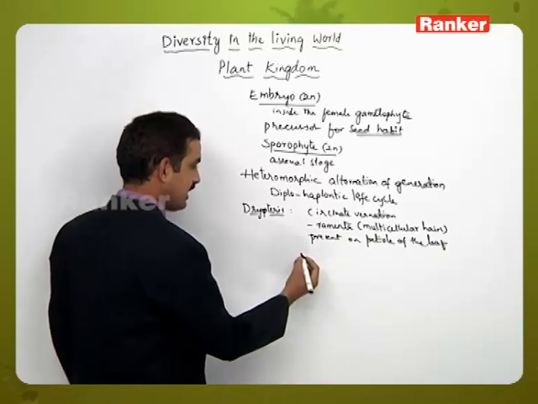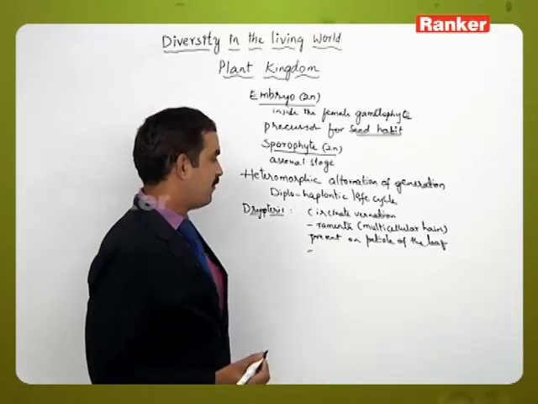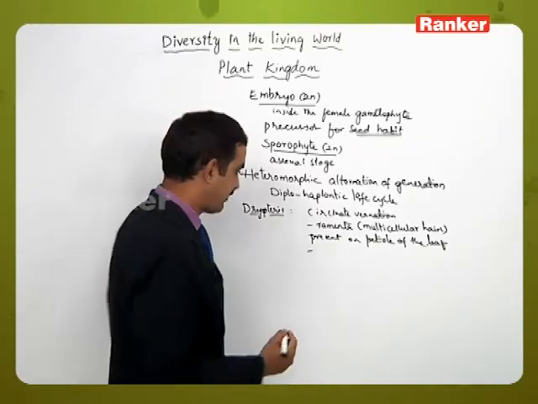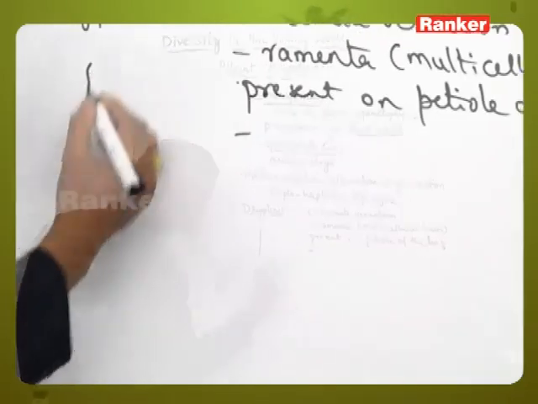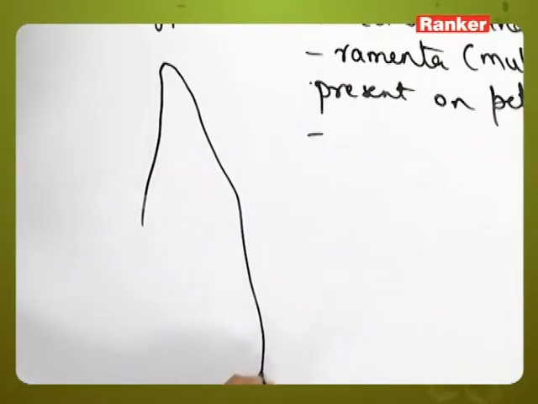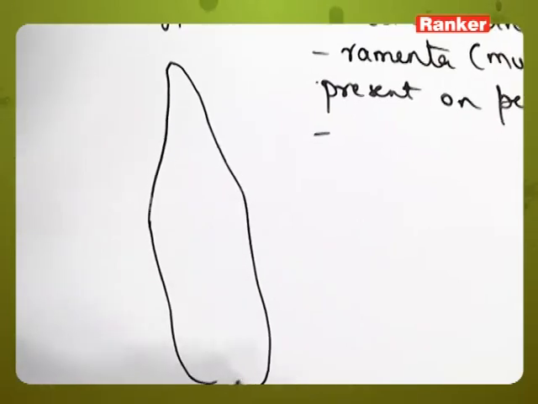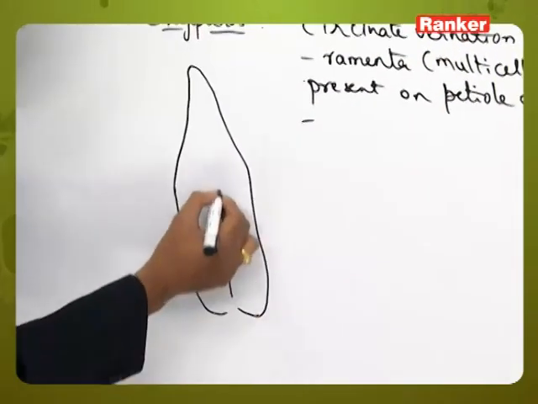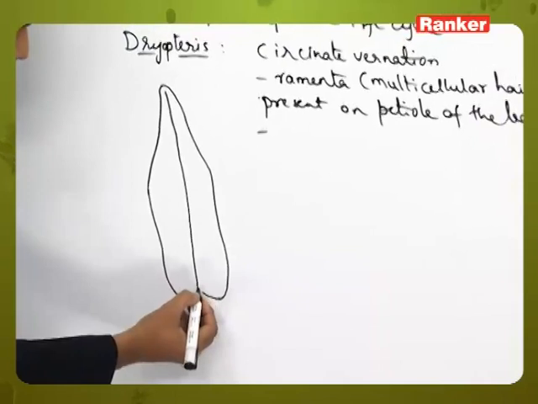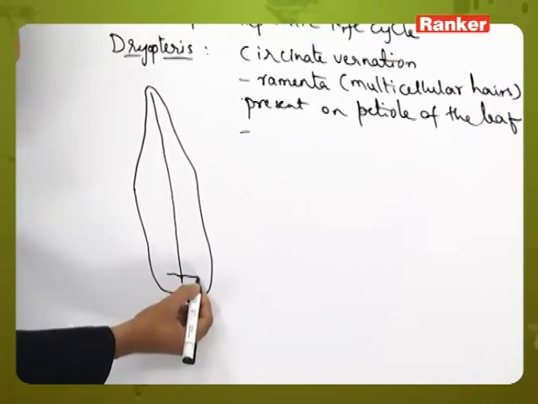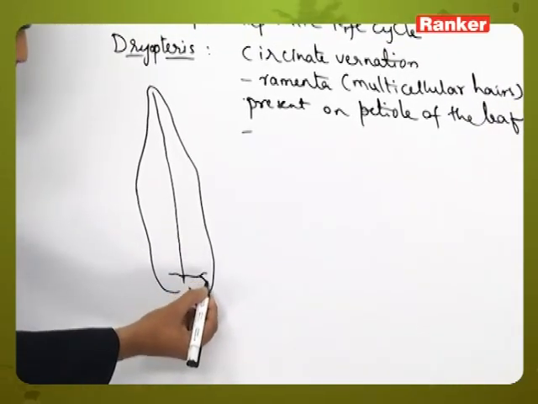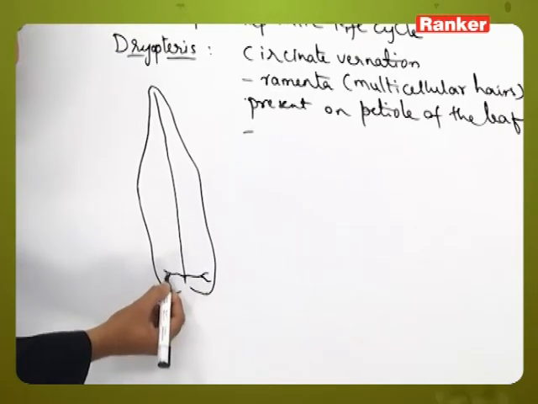Apart from this, if you observe the venation in the leaflet, so here if this is a leaflet, in the leaflet we can see the midrib. This midrib is divided into lateral branches, and each lateral branch at its tip will divide into two equal branches.